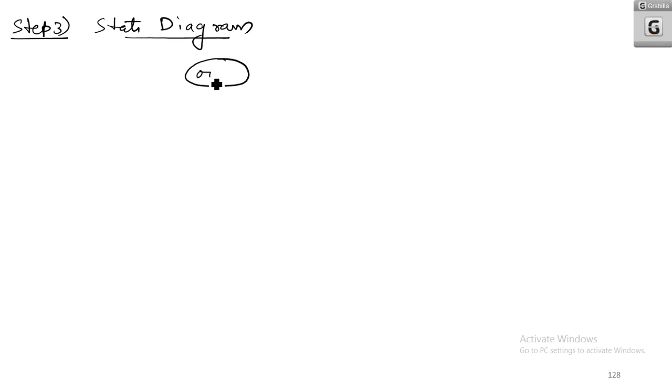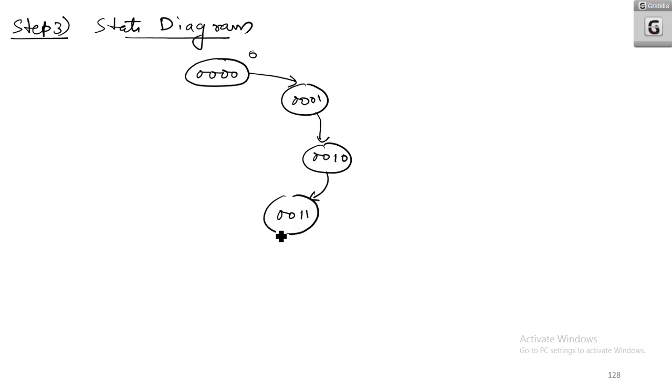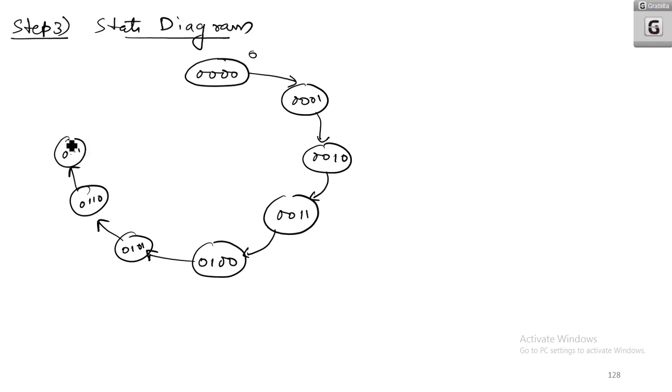So it is 0, 1, 2 is 0 0 1 0, 3 is 0 0 1 1, 4 is 0 1 0 0, 5 is 0 1 0 1, 6 is 0 1 1 0, 7 is 0 1 1 1, 8 is 1 0 0 0, 9 is 1 0 0 1. Okay, this is 0 1 2 3 4 5 6 7 8 and 9.